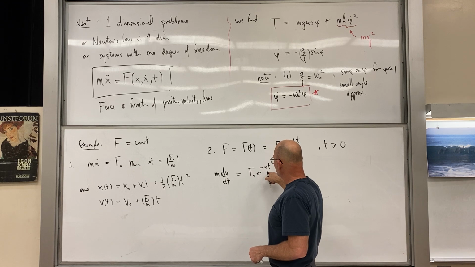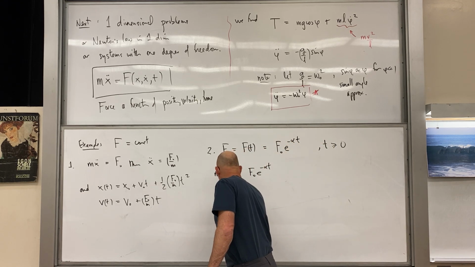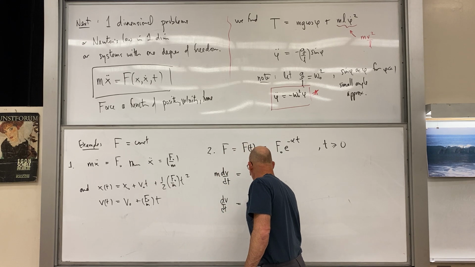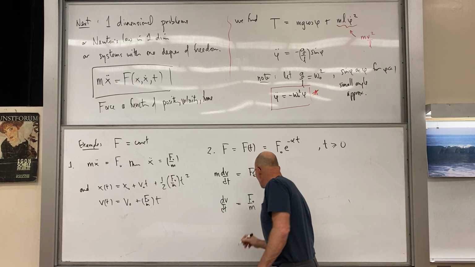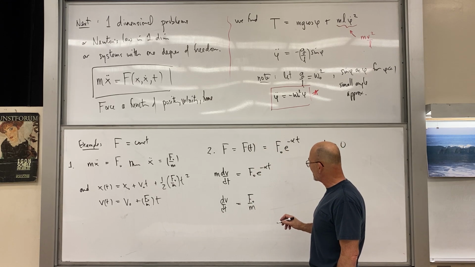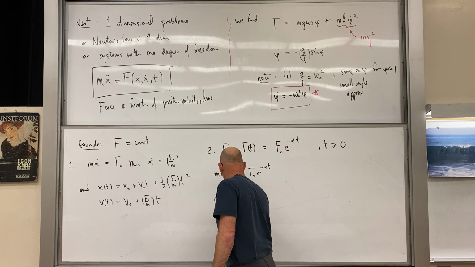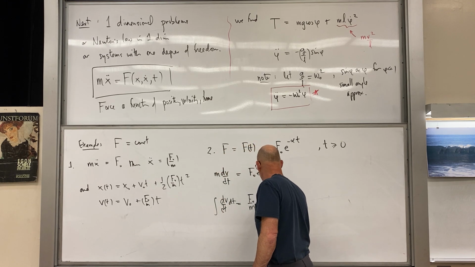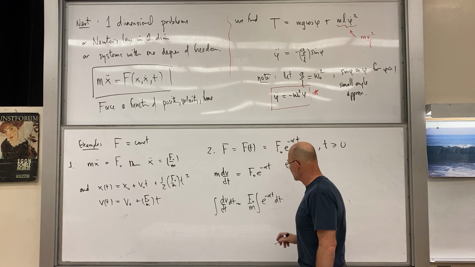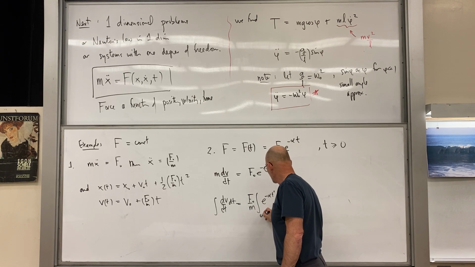e to the minus alpha t, and now we just have to take an antiderivative. So we have dv dt is equal to F naught over m e to the minus alpha t prime dt prime, from 0 to t.